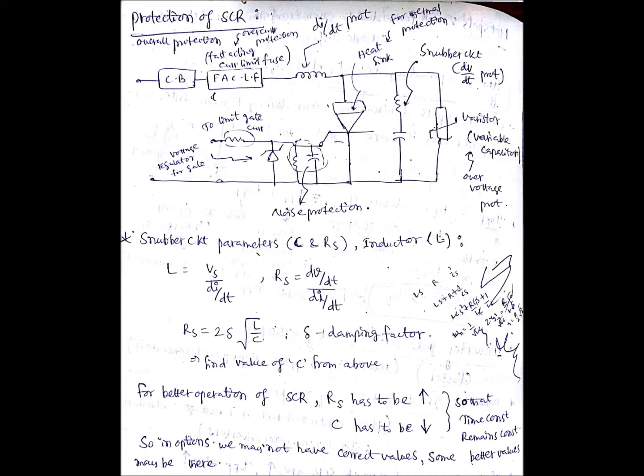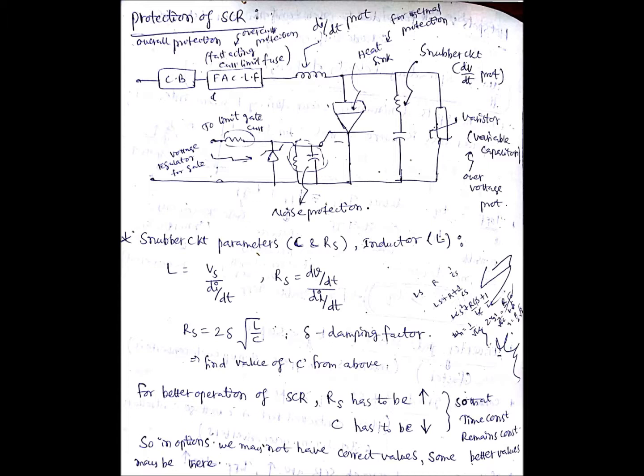Then towards the right side we have one resistor in series with the capacitor, that is for dv by dt protection, which is known as snubber circuit. This is very important. We are going to see how those parameters should be determined.